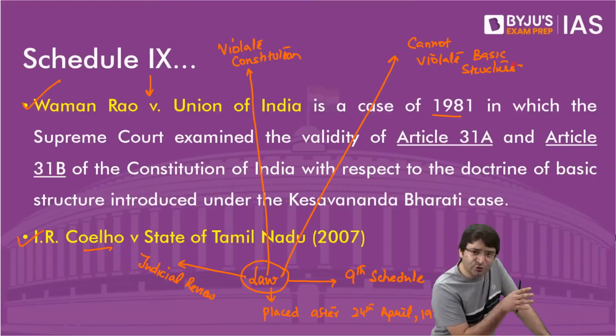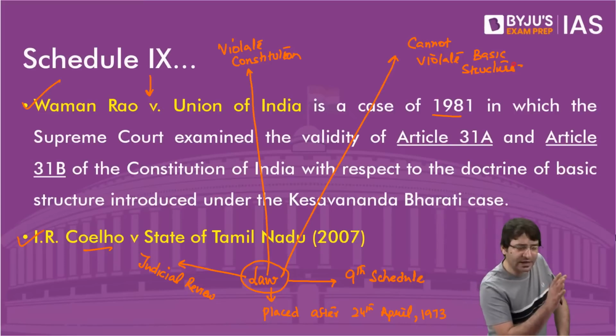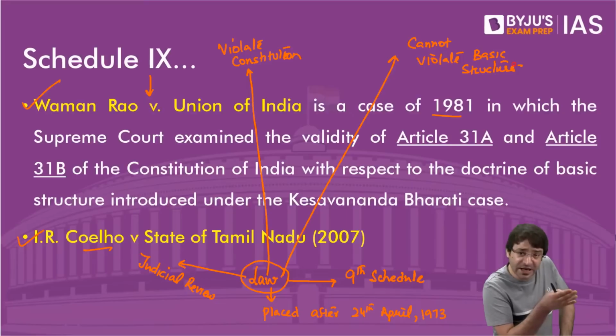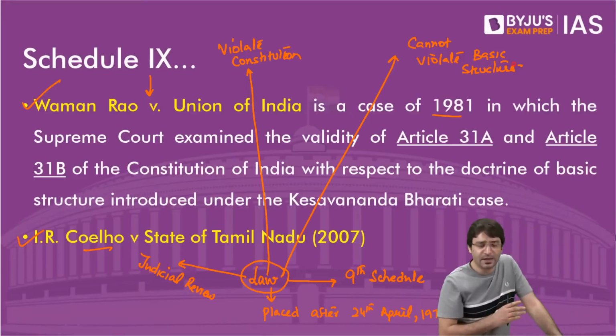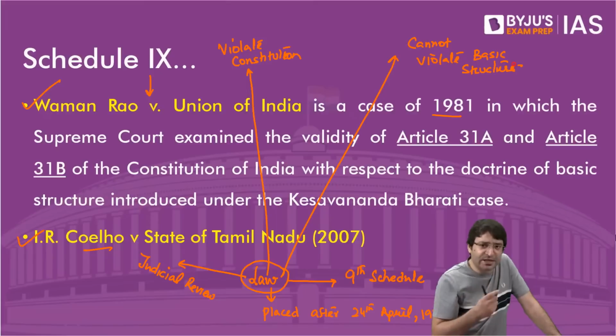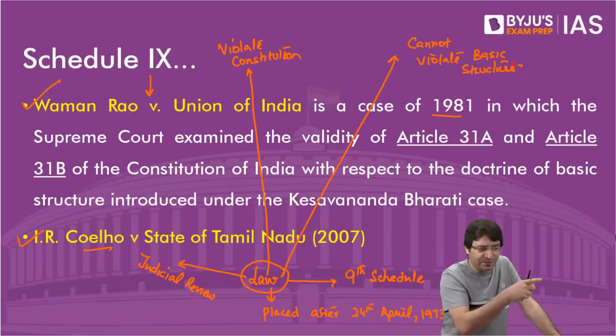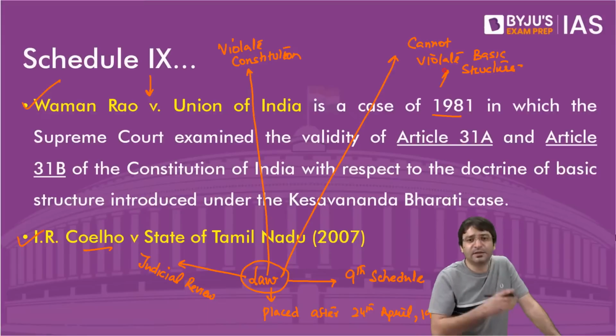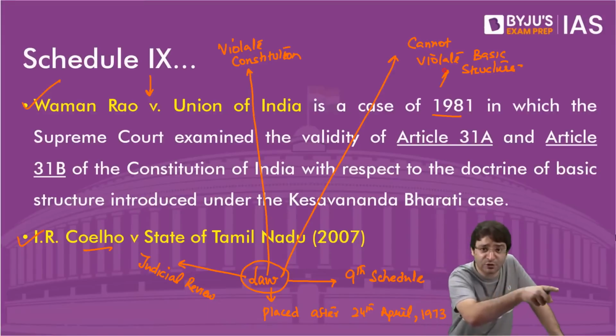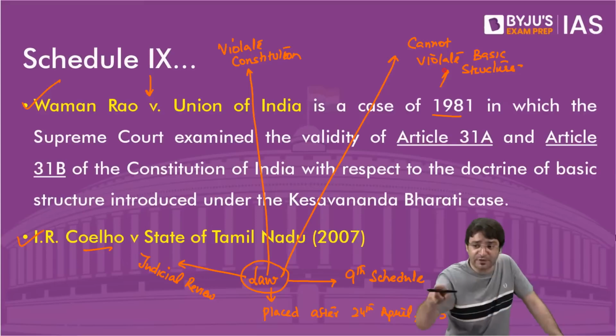To prevent a challenge to this law, it is placed in the Ninth Schedule after 24th April 1973. Will this law still get some sort of protection? Yes. Is this law violating the Constitution? Yes. Because the Constitution says there can be no discrimination on the grounds of residence. But when this law is placed in the Ninth Schedule, if discrimination on the grounds of residence is not a basic structure, then this law will continue, even if it is violating the Constitution. But it is not violating the basic structure.